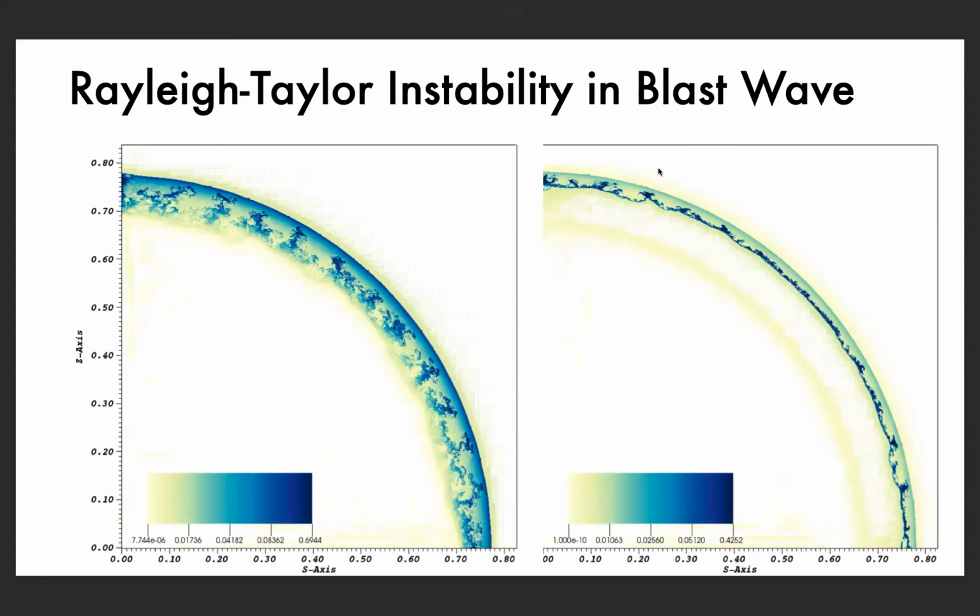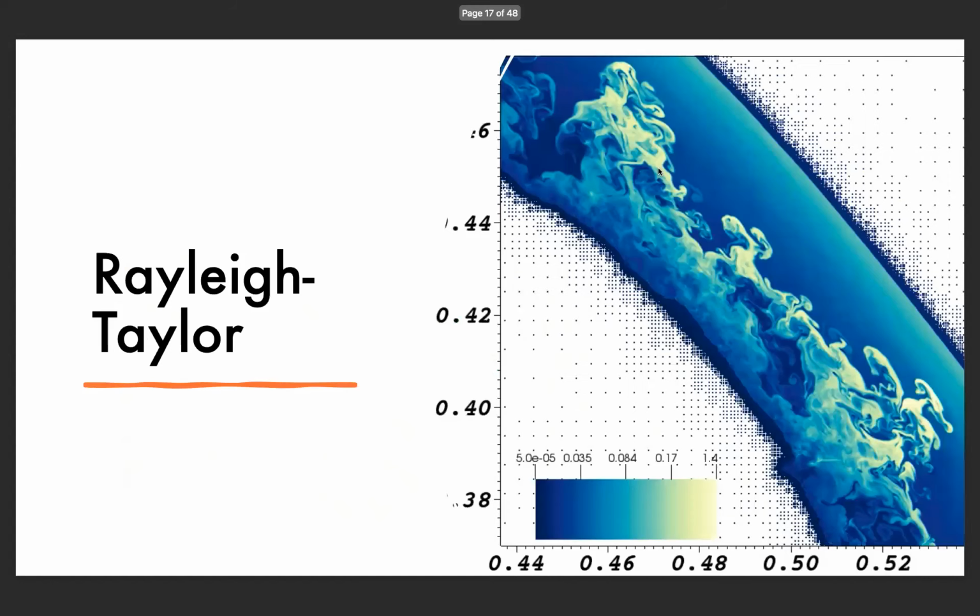We tested this on a relativistic blast wave that generated a Rayleigh-Taylor instability, just because that looked really cool. Basically, this is a blast wave that propagates out at 0.9 something c. I don't even remember. But this is a picture where you can see these are the actual points used in the calculation. What I'm plotting here is simply a dot where a computational point was used.